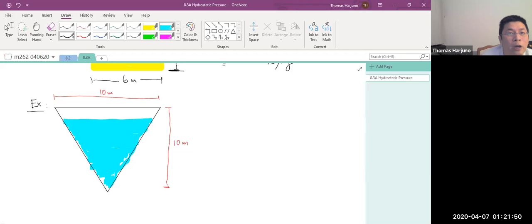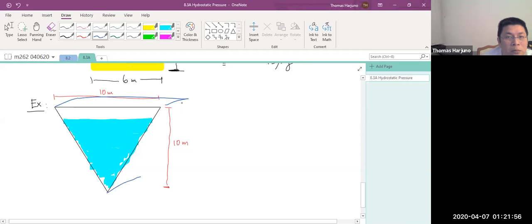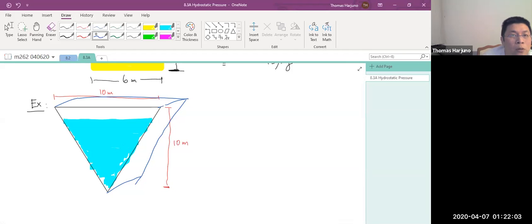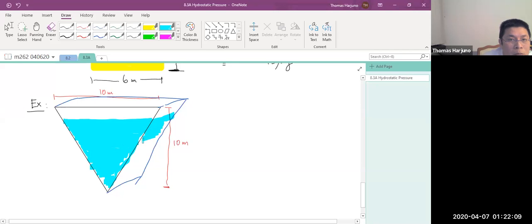Imagine if we have something like this. And let's say this is the container of your water. Okay, that's the container of your water.